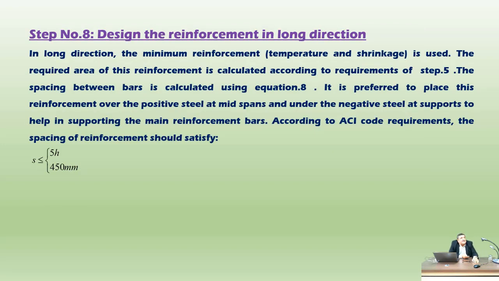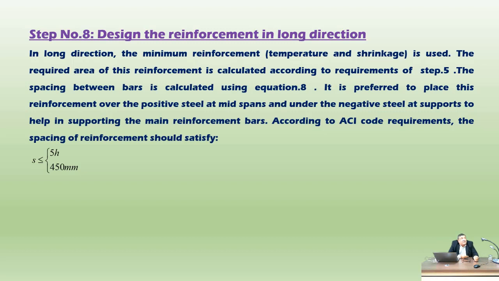Step number 8. Design the reinforcement in the long direction. In the long direction, the minimum reinforcement, temperature and shrinkage, is used. The required area of this reinforcement is calculated according to the requirements of step 5. The spacing between bars is calculated using equation number 8.